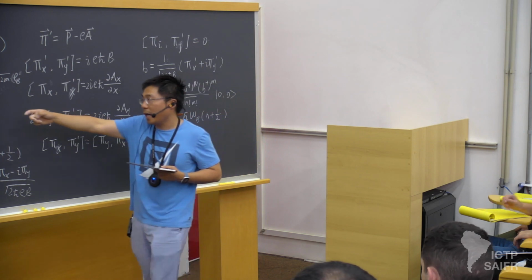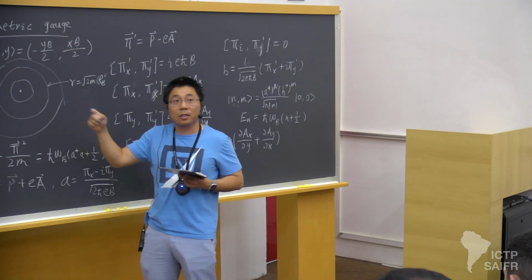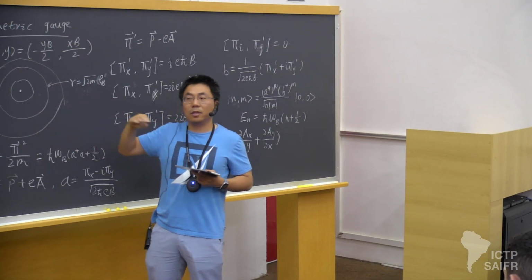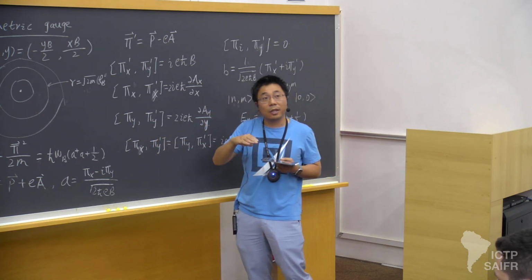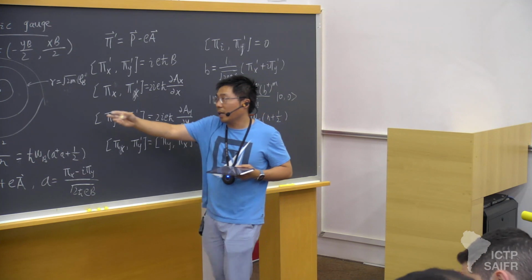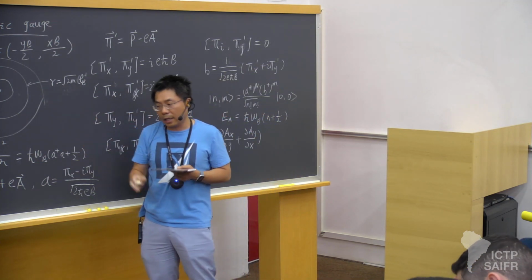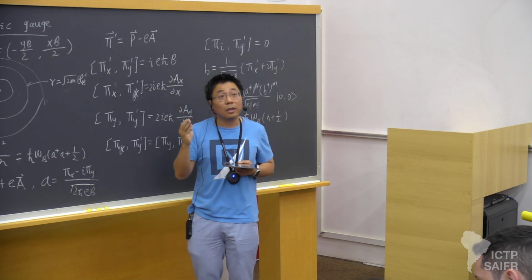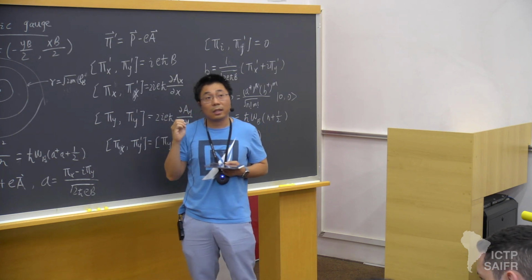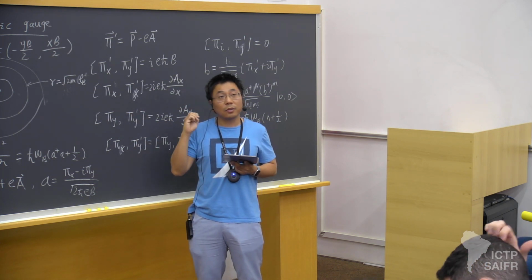In this picture, m corresponds to the angular momentum of the state. Each Landau level is highly degenerate, and I can label different degenerate states using their angular momentum m. Does this answer your question?